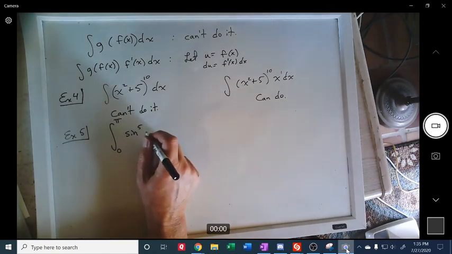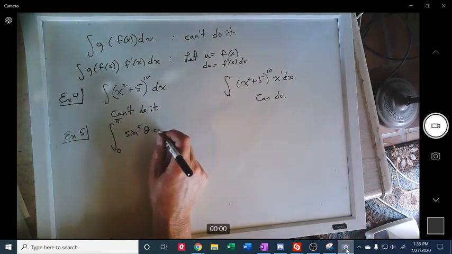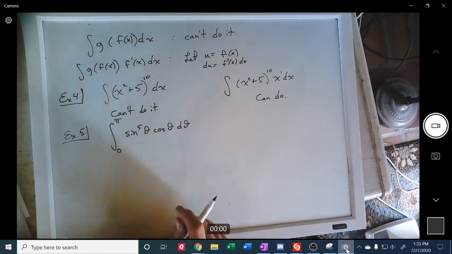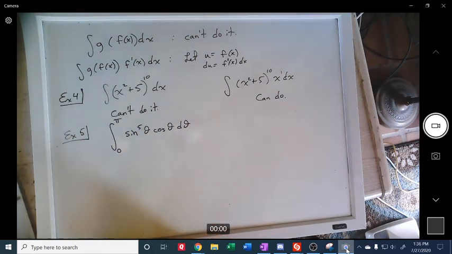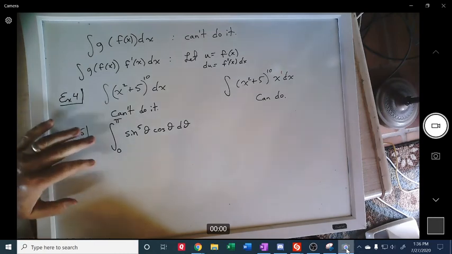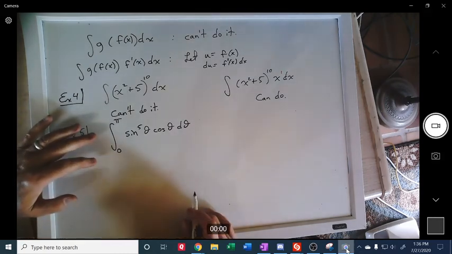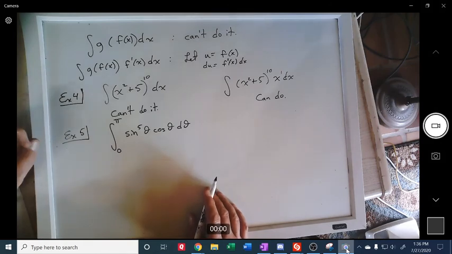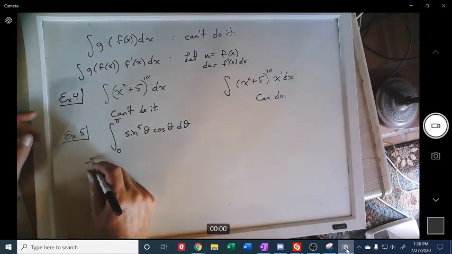Sine to the 5th theta cosine theta d theta. Okay. So what I'm going to do for this one is, generally your first step on each of these problems is to pick the right u.